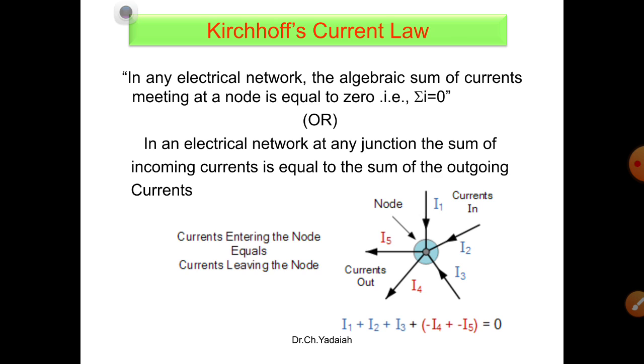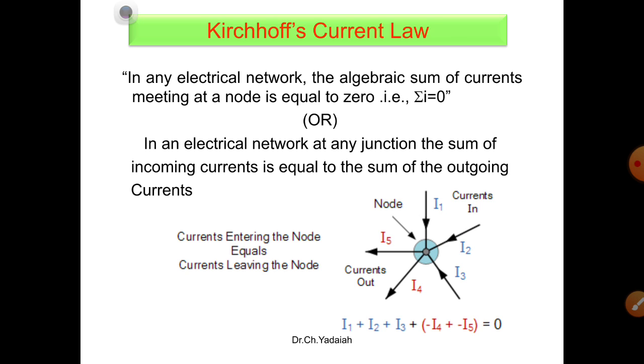Similarly, here our pocket is the junction. Amounts coming from different sources are taken as positive, and amounts taken out from our pocket to other people are taken as debit, minus values. Similarly, the currents entering the node we take as positive, and the currents leaving that node as negative.